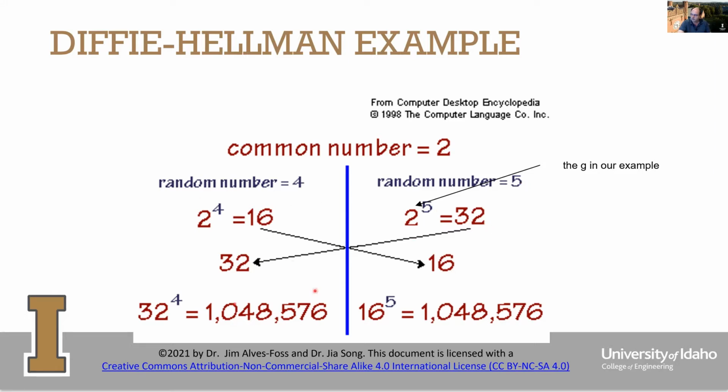We switch them. And then you take that public, 32 to the 4, that's this number, or 16 to the 5, that's this number. They're the same. It's the same in normal arithmetic. It's the same when you do modular arithmetic. And so this primitive root, G, our generator, is another word for it.